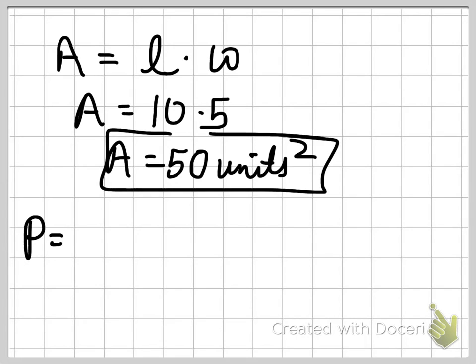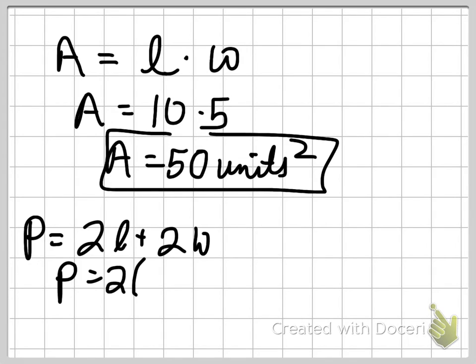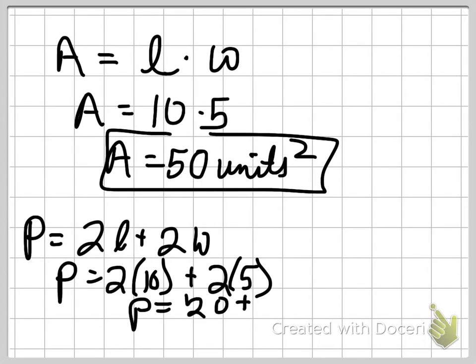Perimeter equals 2L plus 2W. So perimeter equals 2 times 10 plus 2 times 5. Perimeter equals 20 plus 10. So perimeter equals 30 units.